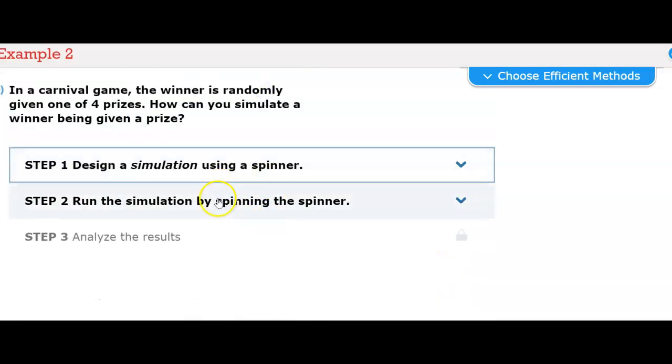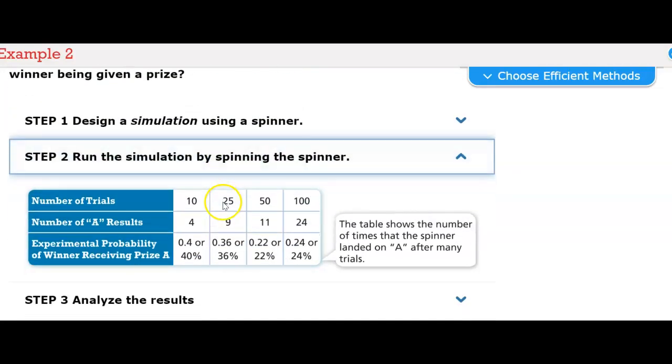Then we have step 2, run the simulation by spinning the spinner. You have your number of trials, 10, which is how many times you actually spun the spinner. Number of A results is how many times you got an A in that number of trials.